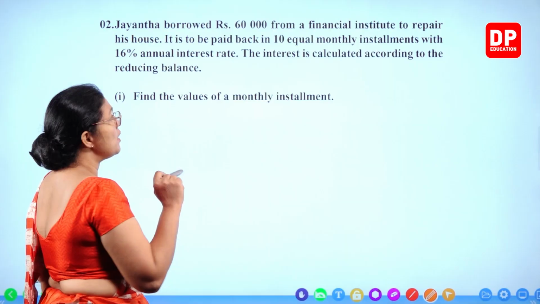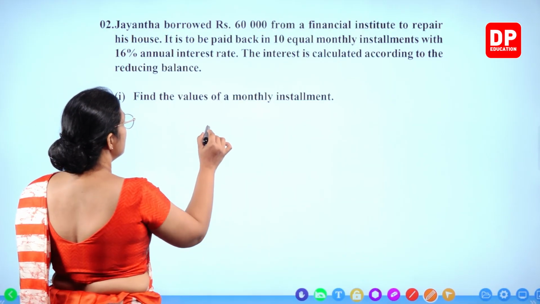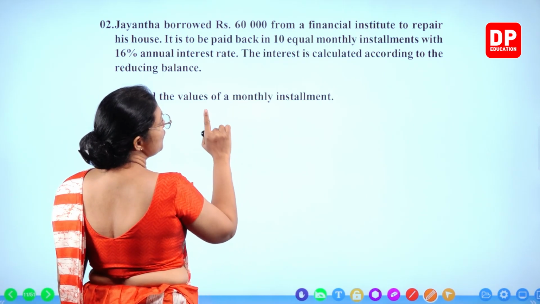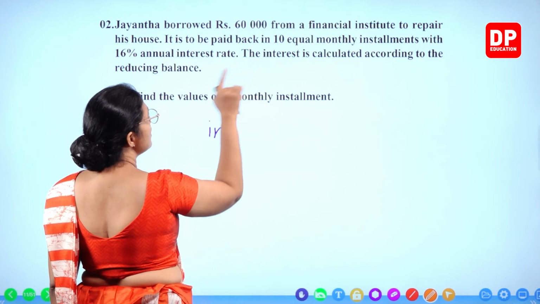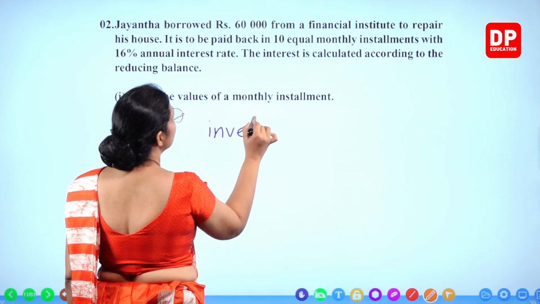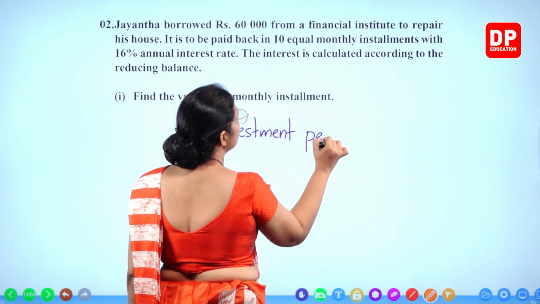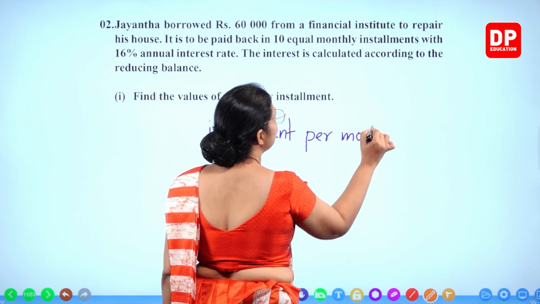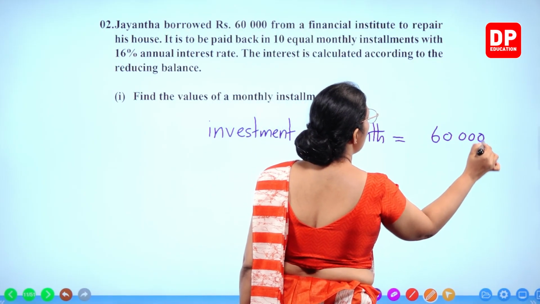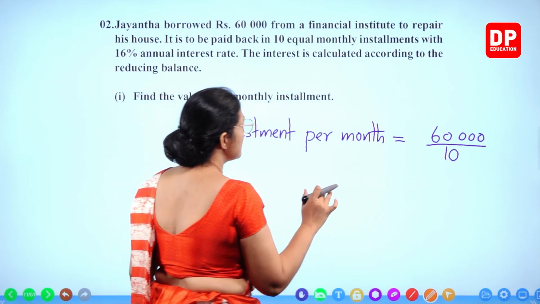So here, first we'll find out the installment amount per month without the interest. First you have to calculate 60,000 divided by 10, because it's 10 equal monthly installments.